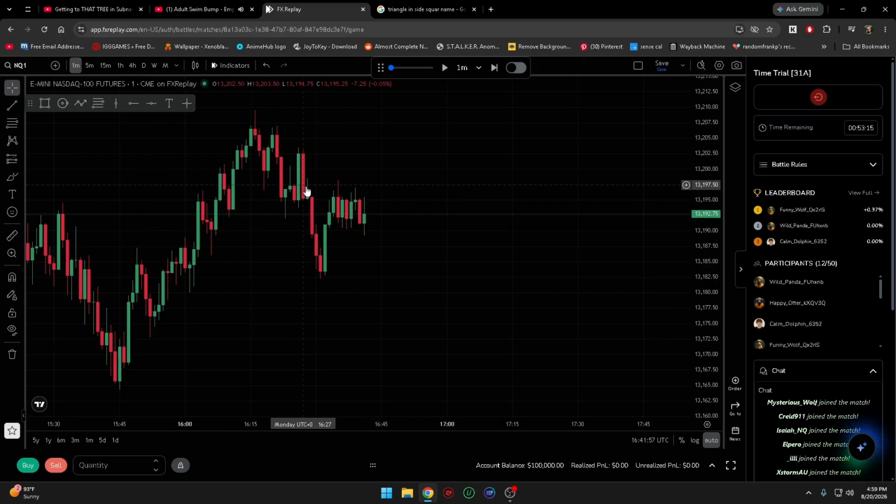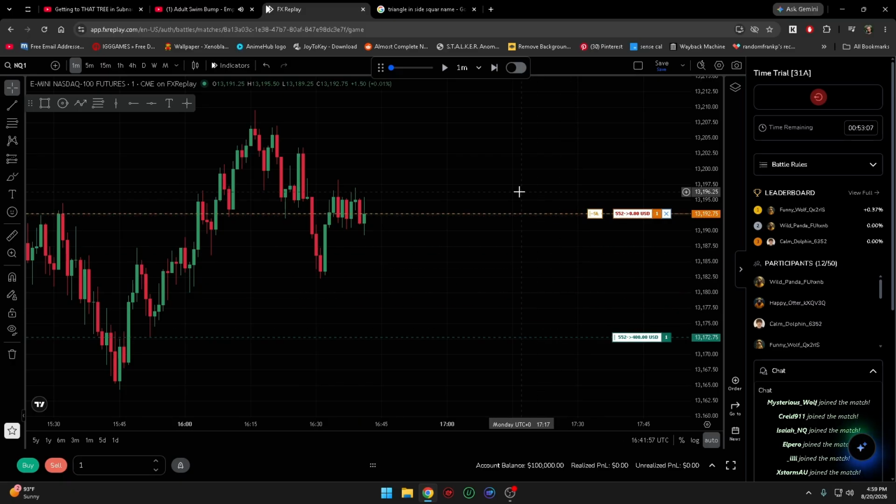And we already hit this candle right here, so I'm an entry. So sell, take profit here. Just doing it on the short term, for like 3 ticks per second.